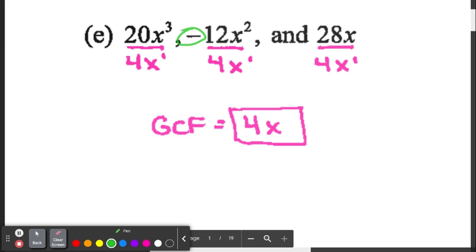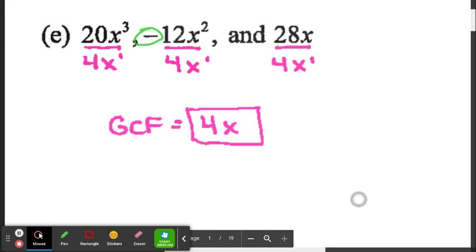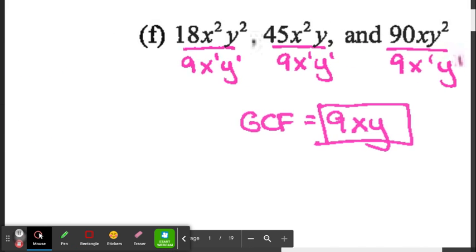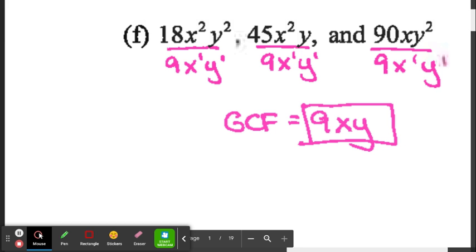When we're factoring, they're there sometimes, but just don't worry about them for now. They're not as big of a player as when we're solving equations. And there's my last one. My biggest number that goes into all 3 of those is 9, and I took out an x to the 1 and a y to the 1 in both.